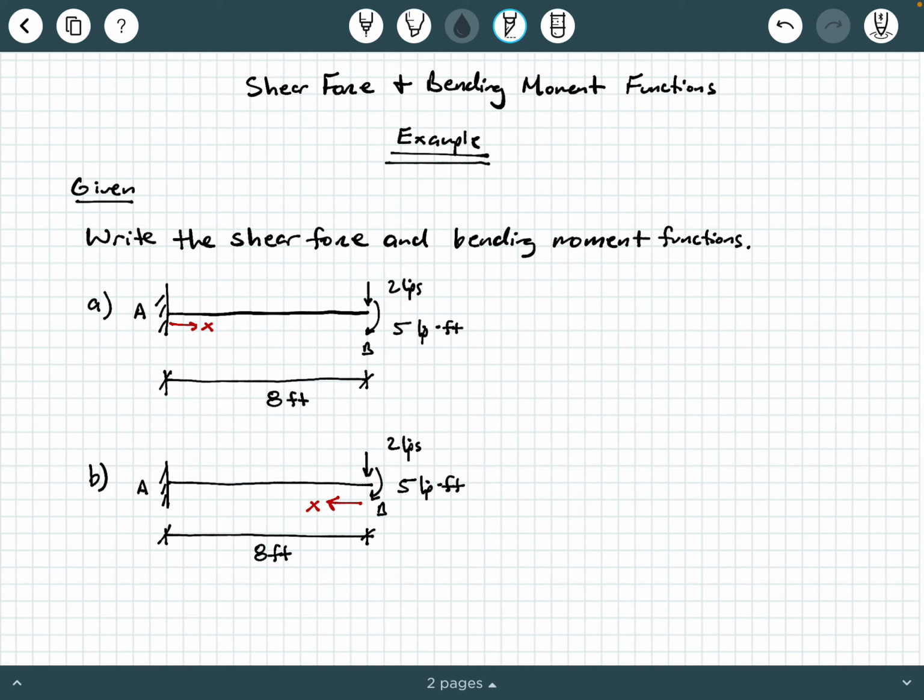So what's the difference between what we're being asked to do in part A versus part B? The difference is where we're defining our location variable x.